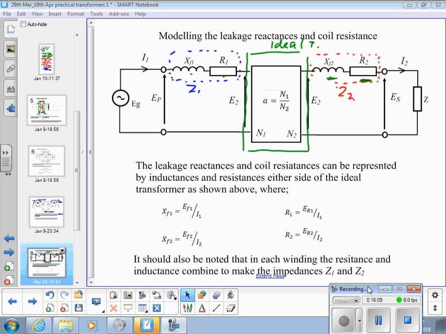So you take some measurements open circuit, and then you short circuit the secondary and take some more measurements. Obviously, be very careful about how much voltage you apply when you short circuit the output. From those readings you can calculate the values you need to put in the primary and secondary for a reasonable model.